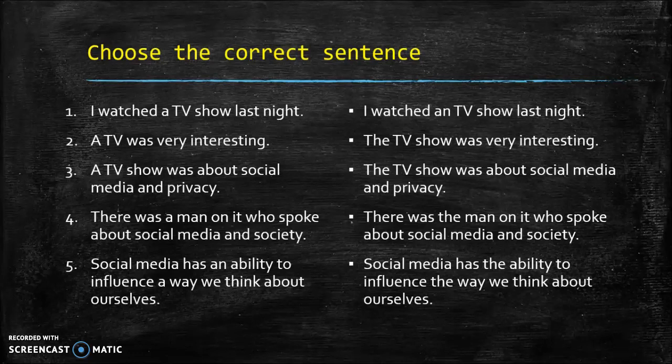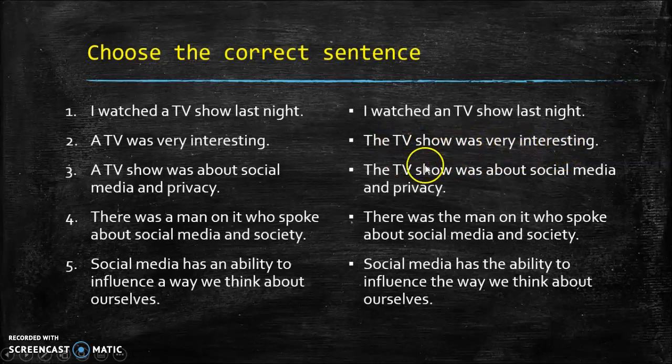All right, so hopefully you've got your answers. Which one of these is the correct one? So for number one, I watched a TV show last night. For number two, the TV show was very interesting.